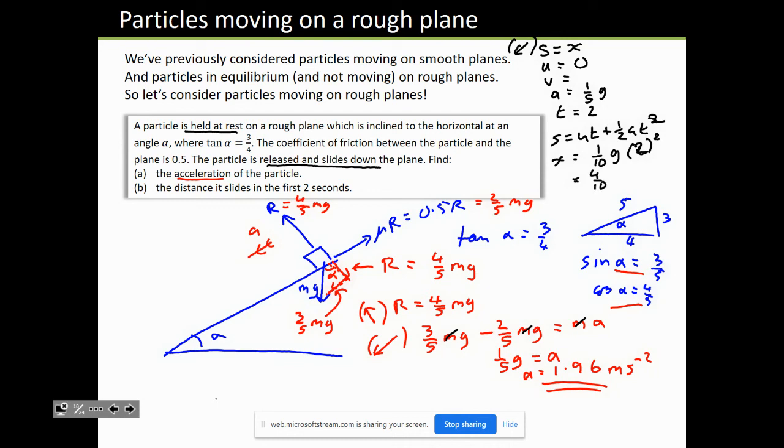So that's 4/10 of g, which is 3.92 meters. That's how far it would travel in the first 2 seconds.